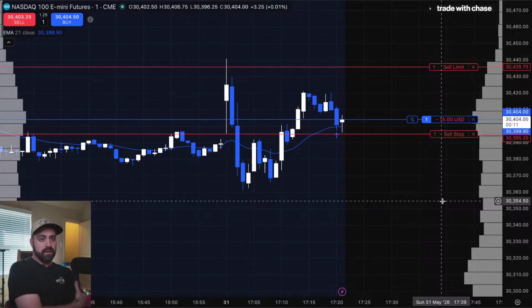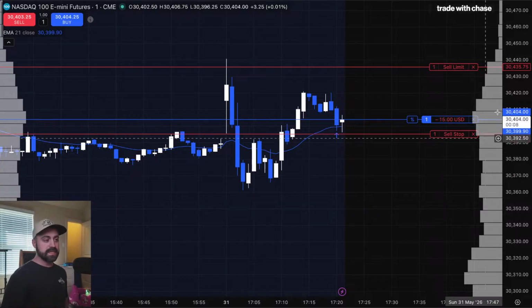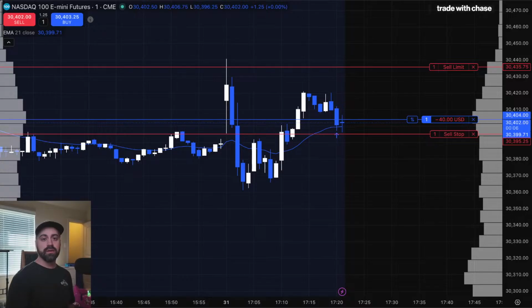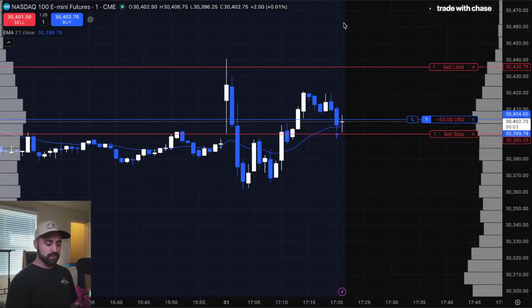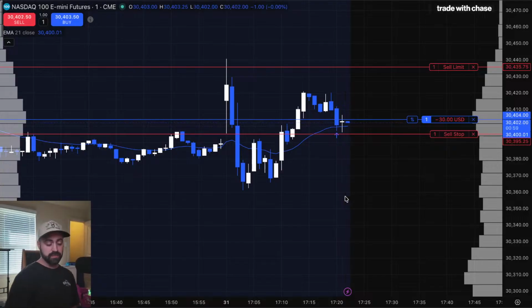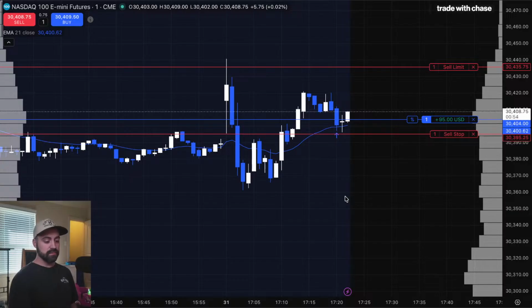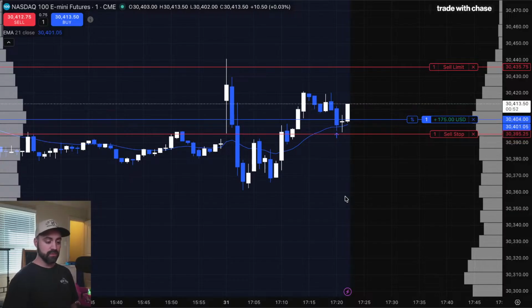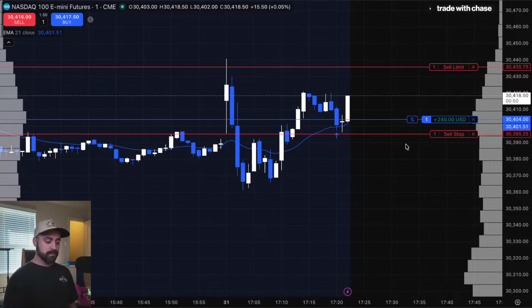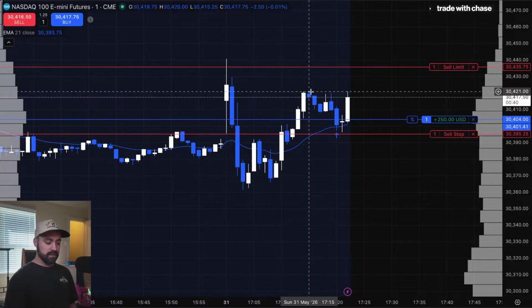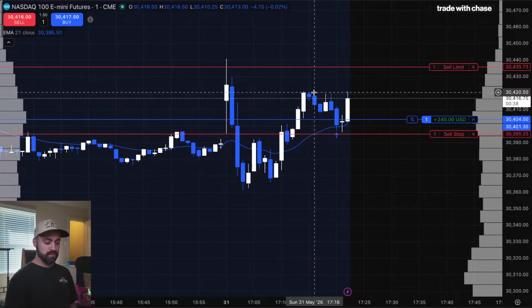And I am a big fan of moving my stop to break even once a trade has moved in my direction at all, because I would rather have bad luck and get stopped out at break even than lose trades. So as you see, this pretty nicely bounced off of that. Let's hope it can continue up and break this spot here.